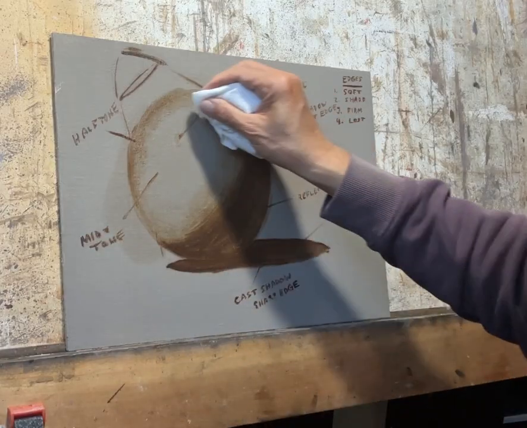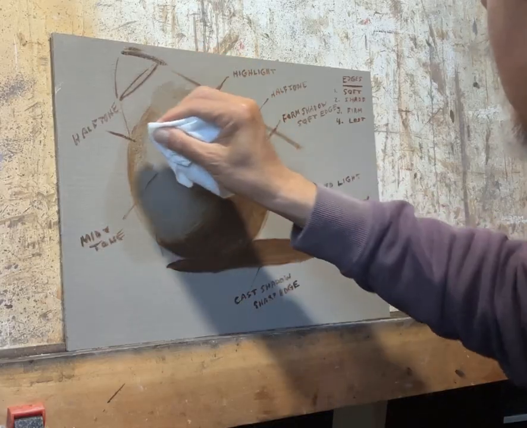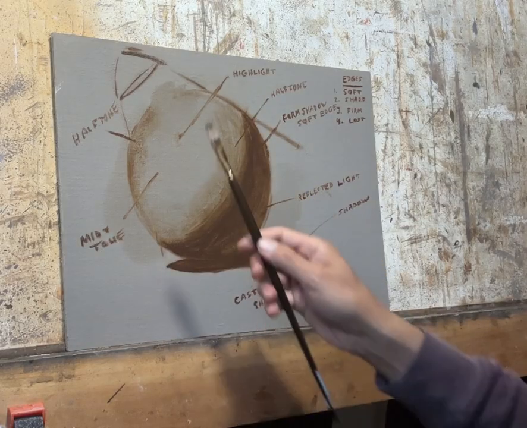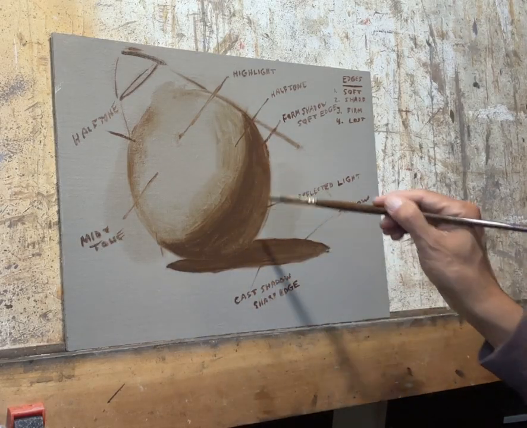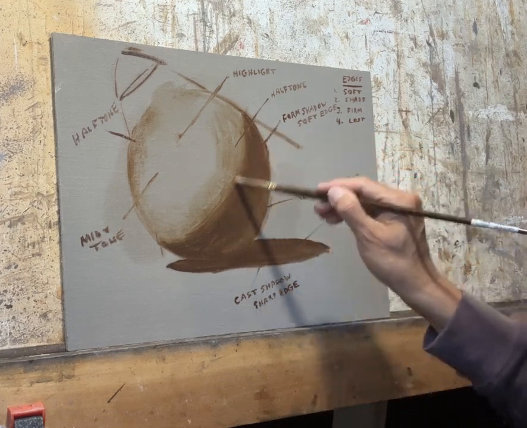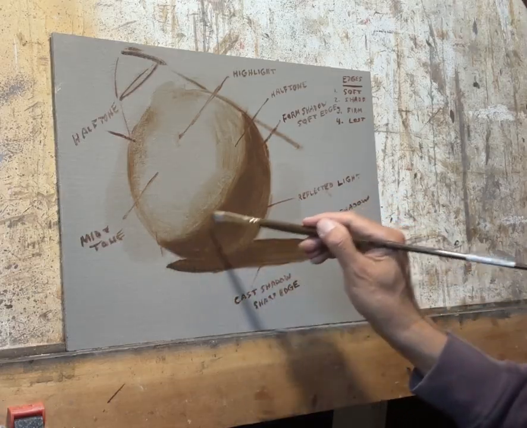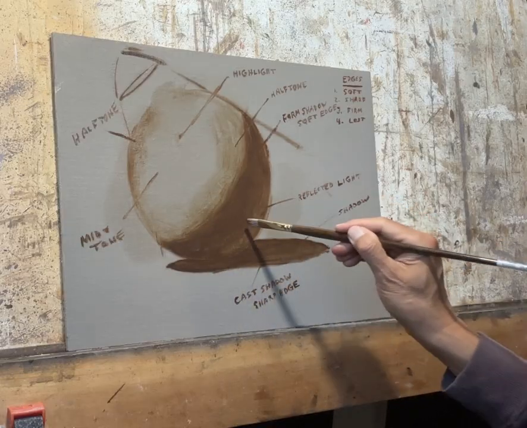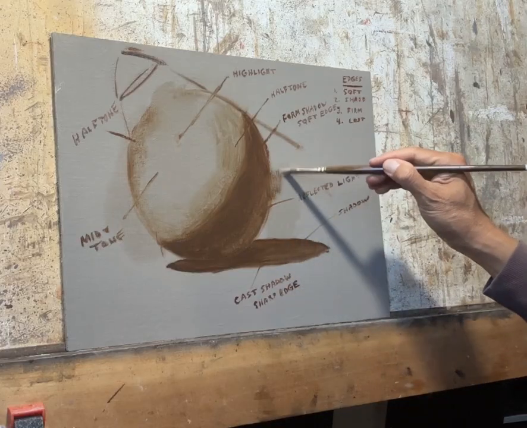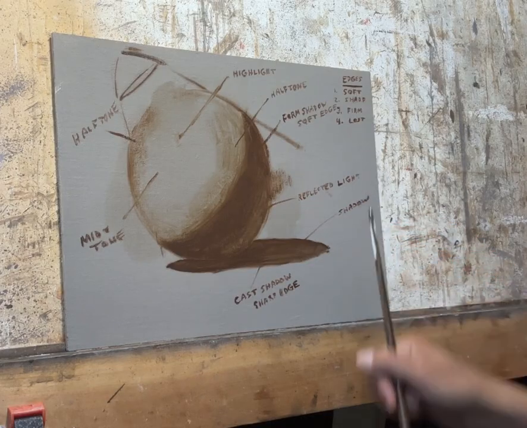Well, that's not working so well, but I'm going to use this and see if that, yeah, there we go. So literally the sphere loses itself into the background. Now you could also do that with the dark, where there might be a dark value behind the sphere, like here, or it could basically lose itself into the background, dark into dark. So that would be the lost edge.